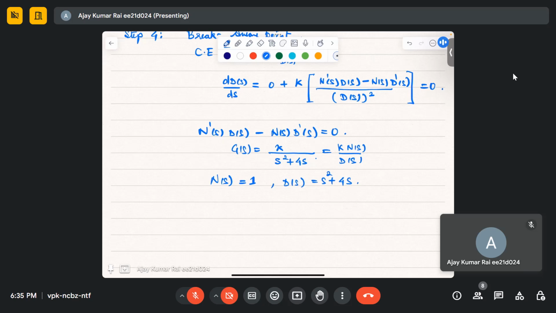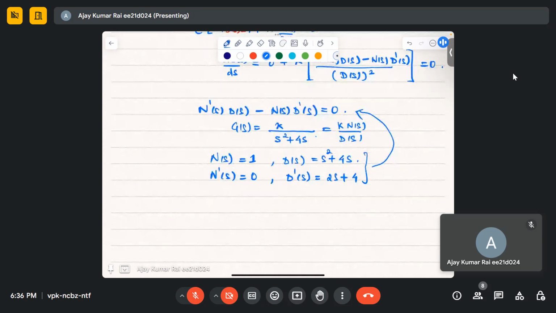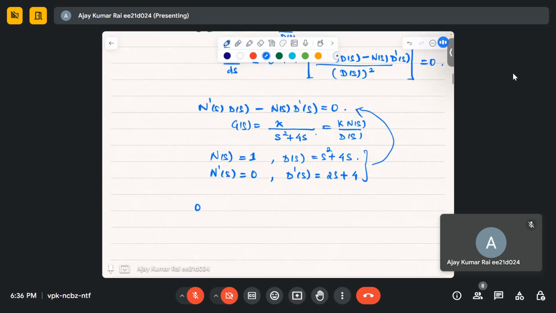If you differentiate N(s) with respect to s, you'll get 0. If you differentiate D(s), you'll get 2s plus 4.